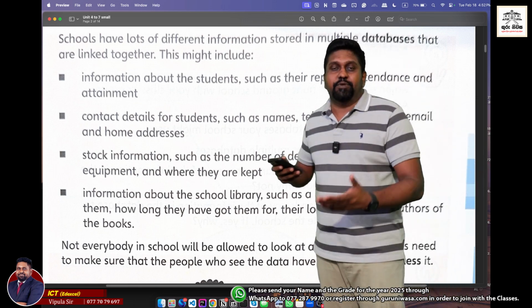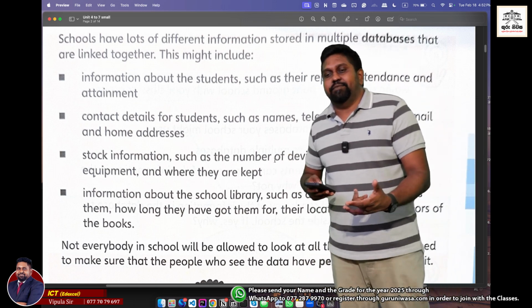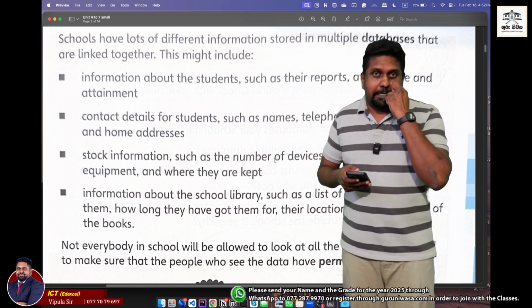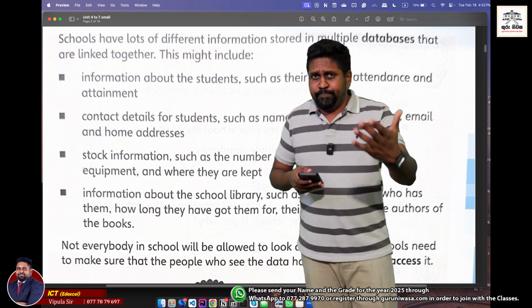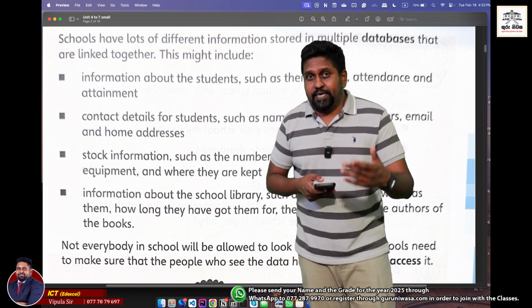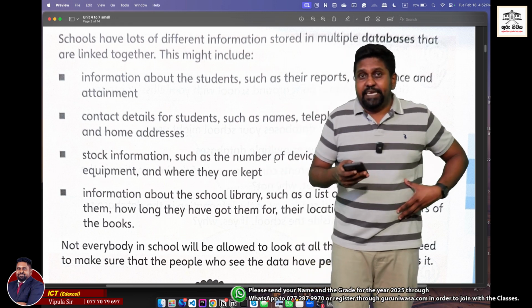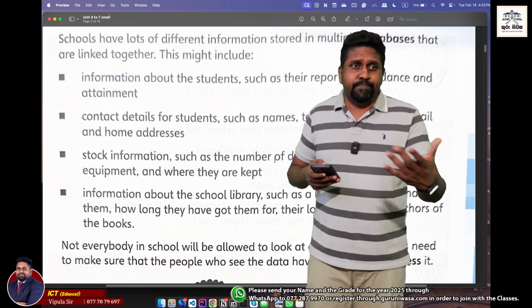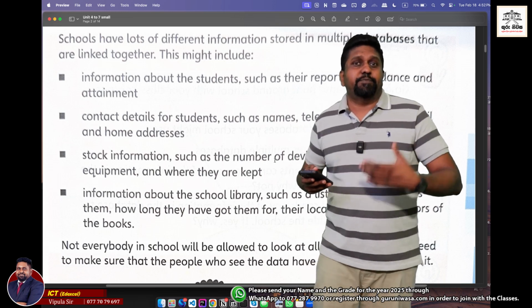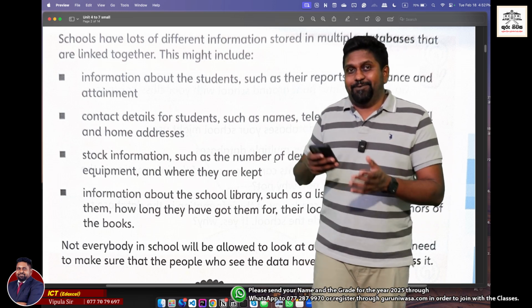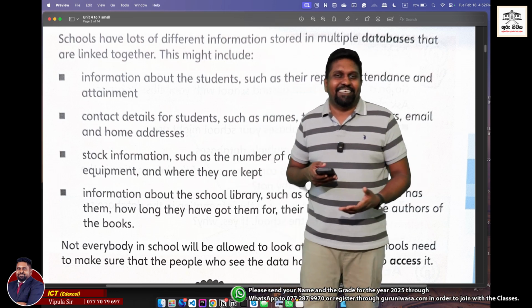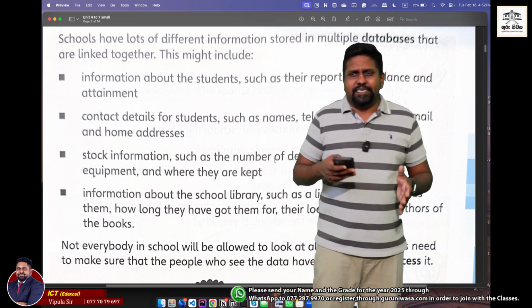Not technically should, a school will have, because the school should know your details as well as your parents' details, your guardians' details. Let's say if by any chance your parents are unable to be contacted, then there has to be a third party contact or a guardian who the school can send a message to and get their details, right?